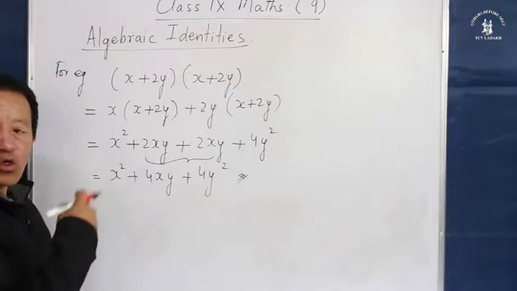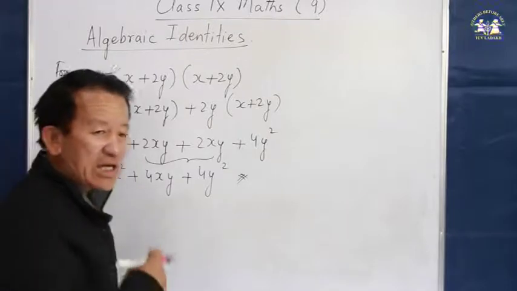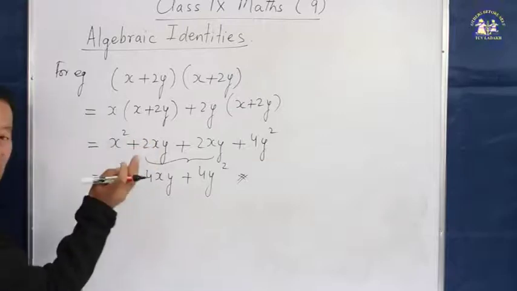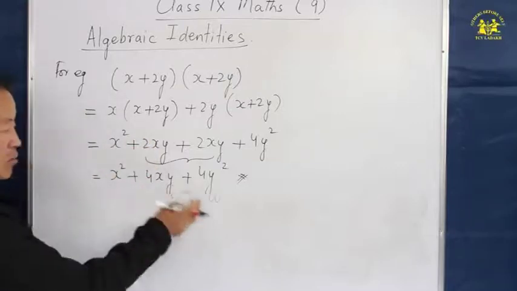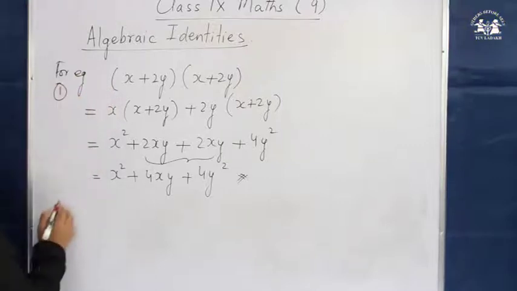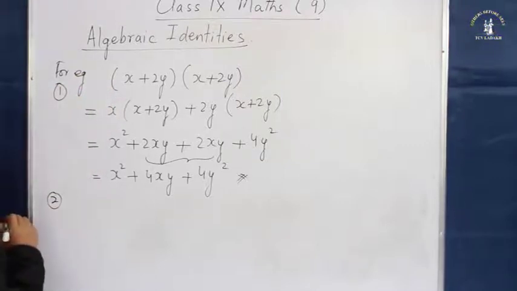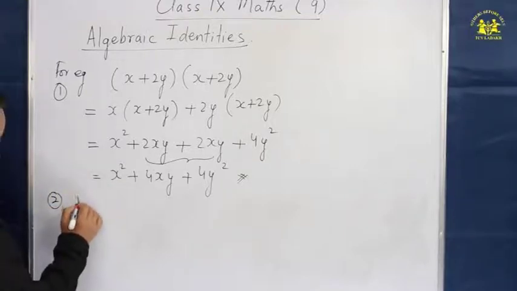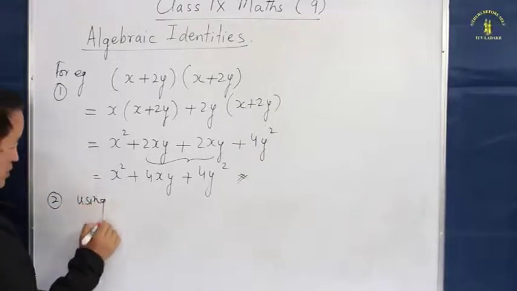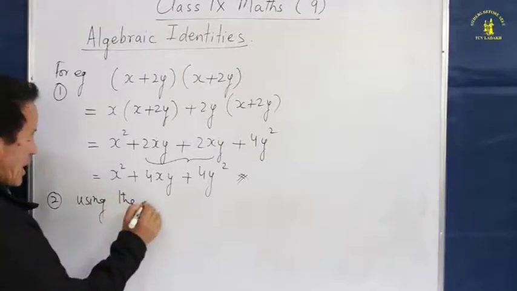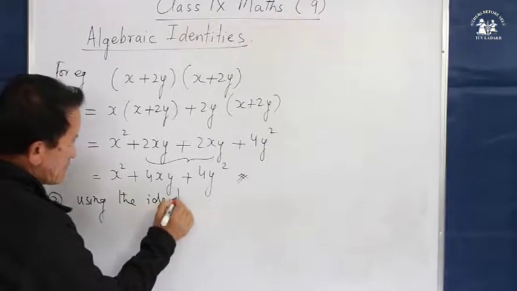Now by using the identity, let's see whether we are getting the same product or not. So this is the first method, and the second is by using the identity.